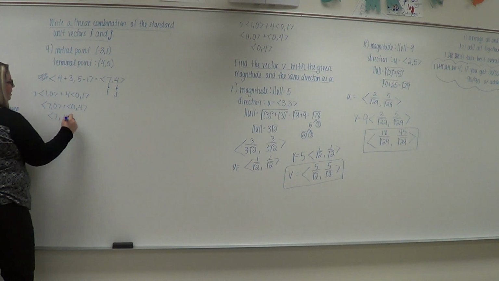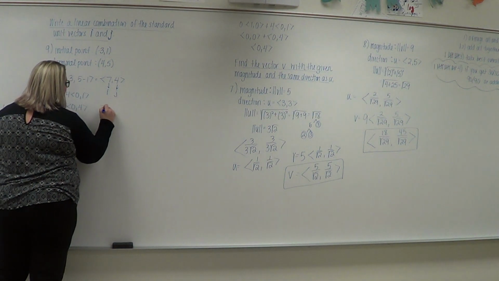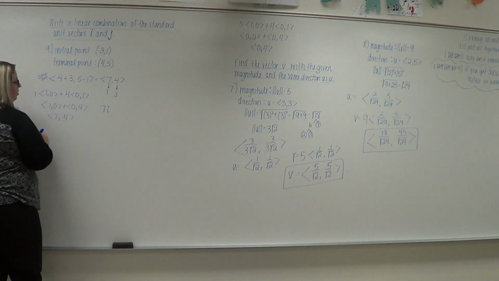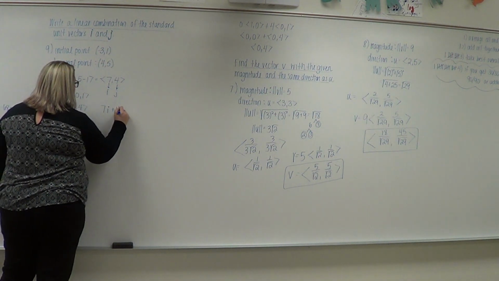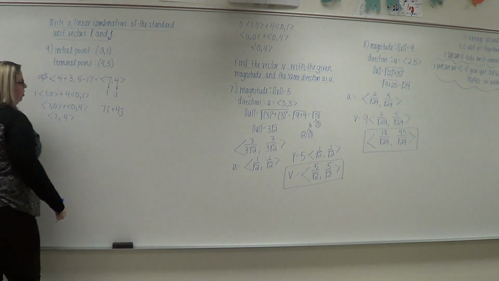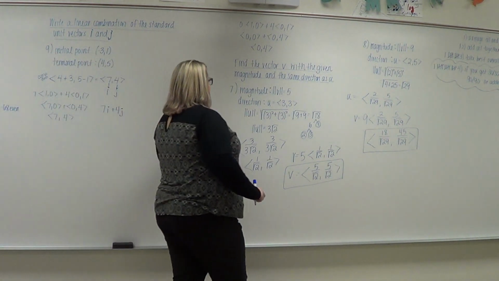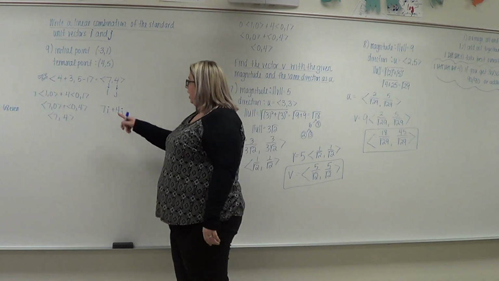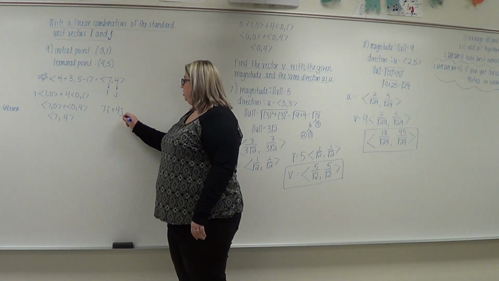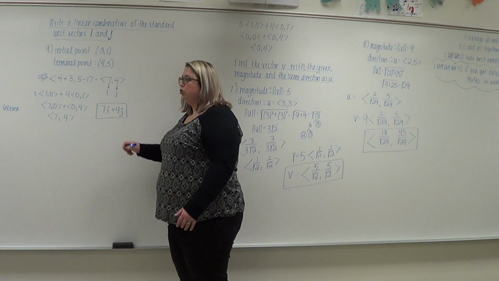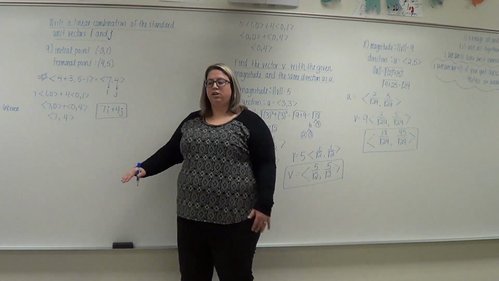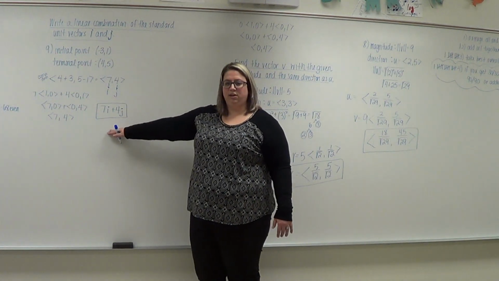So if I want to write it as a linear combination, this is just going to become 7i plus 4j. There's no brackets, there's no comma, use plus or minus signs. i goes with the first part, j goes with the second part, and that's all you're doing. When it says write as linear combination, you're done at this point. There's nothing else to do.